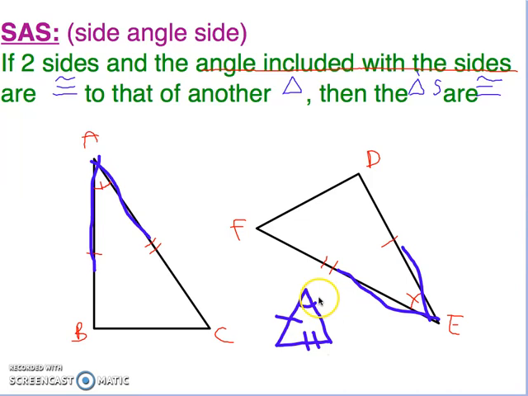We have this angle marked. So this would not be side, angle, side, even though we have 2 sides marked and 1 angle up here. So this example would not be side, angle, side.